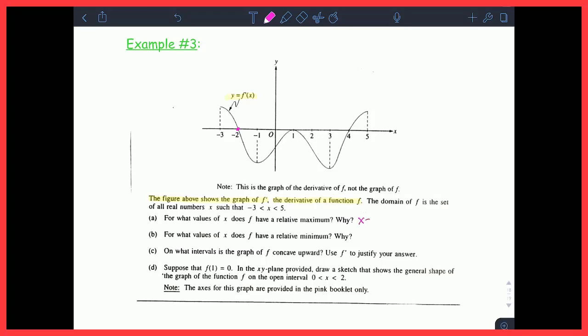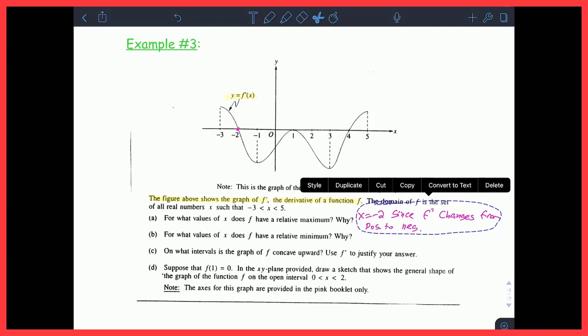So x equals -2 since f prime changes from positive to negative, which is how you get a max. That is an appropriate response for letter A.